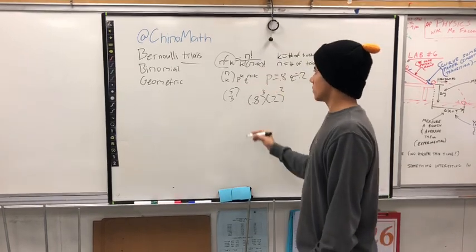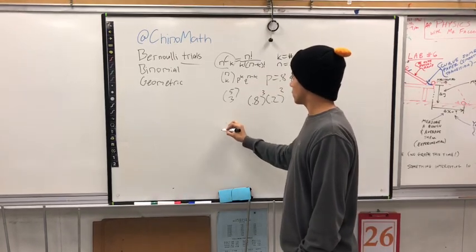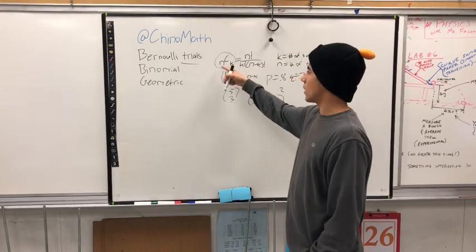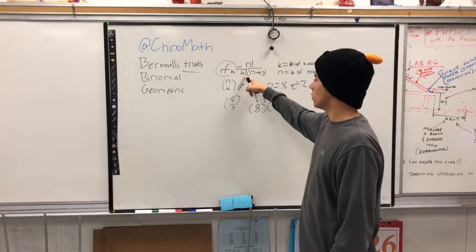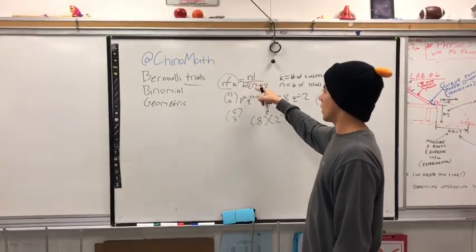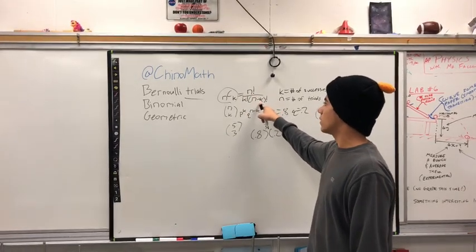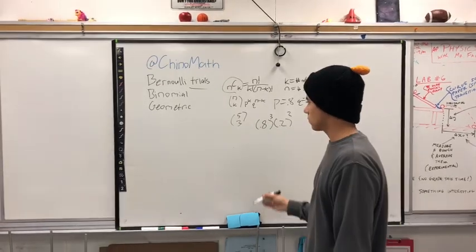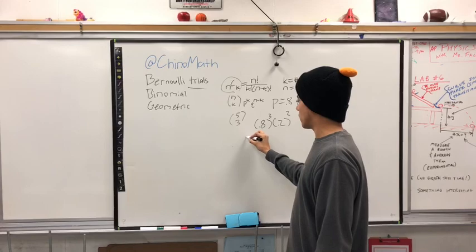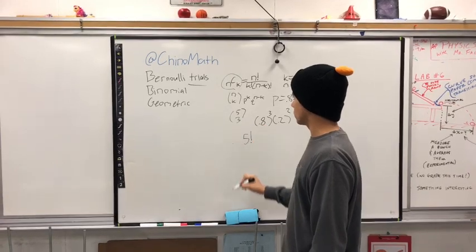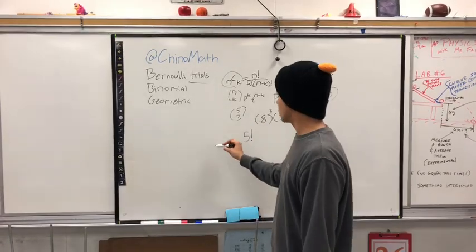In this case, we have that our nCk, so n choose k, is equal to n factorial over k factorial, multiplied by the difference between n and k factorial. So for here, our n is 5, so 5 factorial, and I forgot to write this real quick.